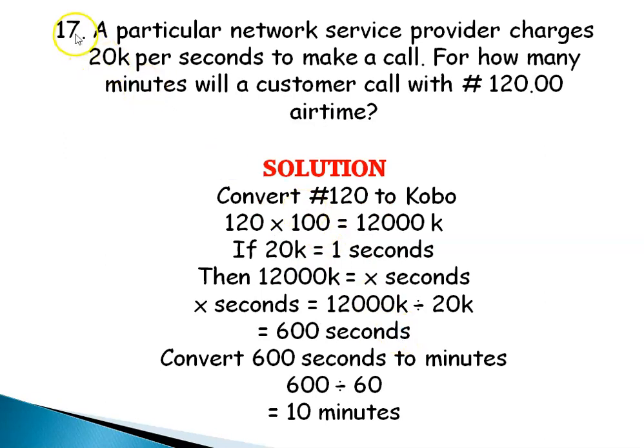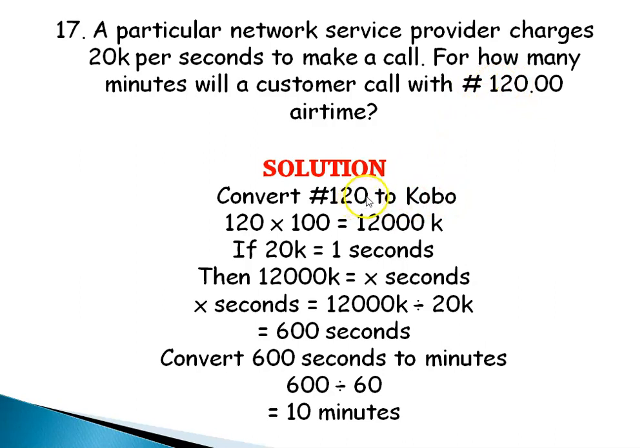Alright, question 17. A particular network service provider charges 20 kobo per second to make a call. For how many minutes will a customer call with 120 naira airtime? Alright, so 20 kobo per second makes a particular call. So the first thing we'll do is convert this 120 naira to kobo.